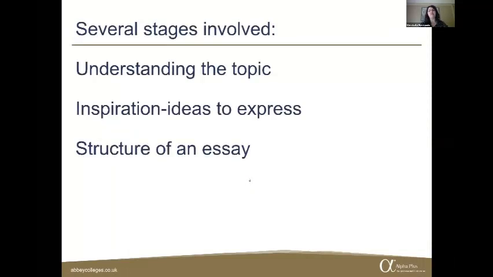There are several stages involved in the essay planning and writing process. The first stage is understanding the topic. So going back to the point made by, I think, Tatiana, strange topics. Yes, some of them do sound strange indeed. Having inspiration, knowing what to write about, and also knowing how to structure the essay correctly.